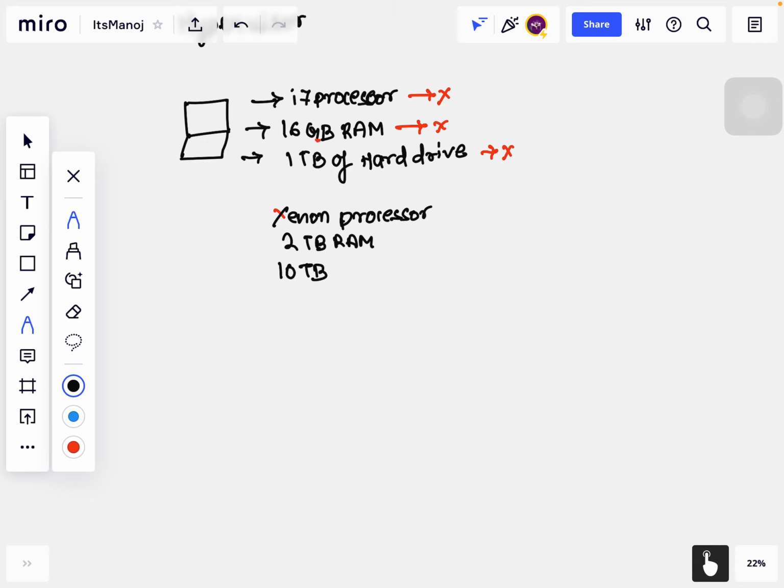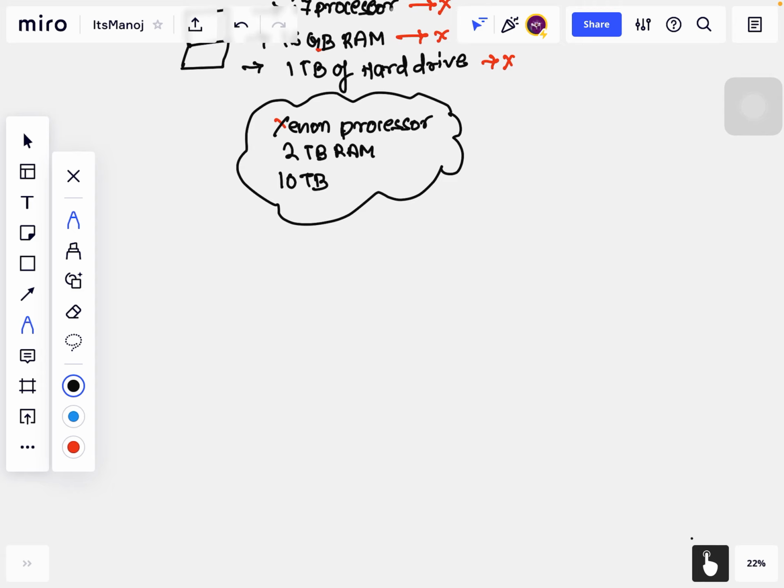So how can they utilize that? A single person cannot use this much of the power of a machine, but even if so, we need to distribute it. How can we distribute that? There are two ways. Either we can use a hypervisor, or the second way, which you may have heard about, is dual boot.